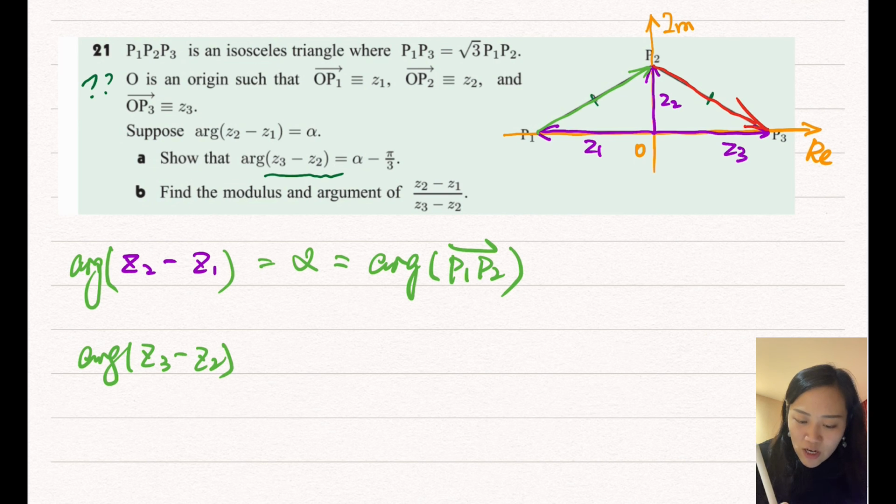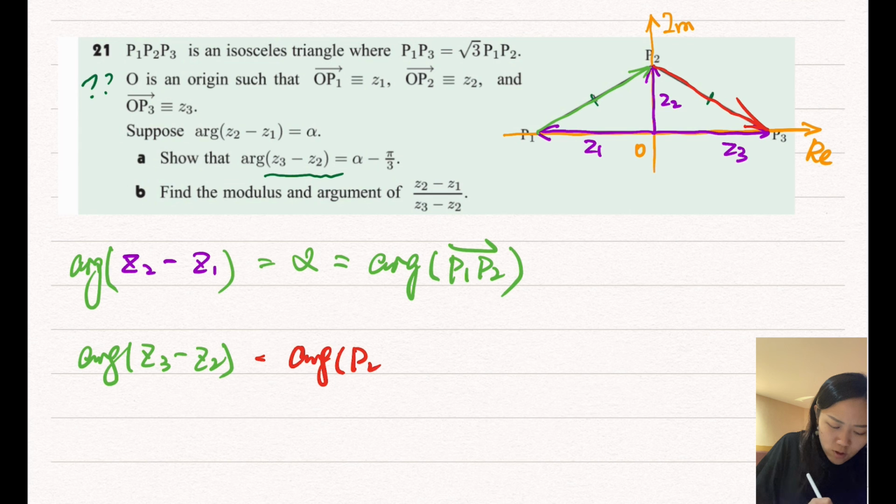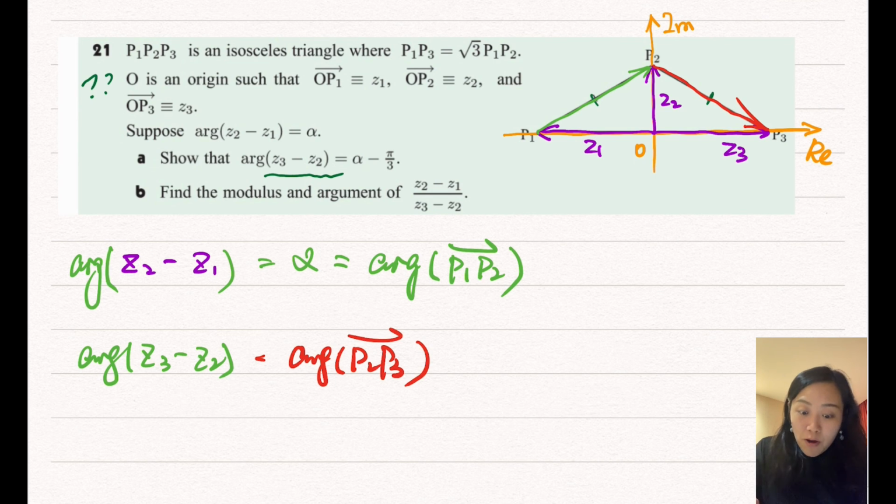So we are essentially looking for the argument of P2P3. Now, I'm going to pause here and leave you to think about it: can you prove that the argument of P2P3, which is the other side of our isosceles triangle, is alpha take away pi on 3?